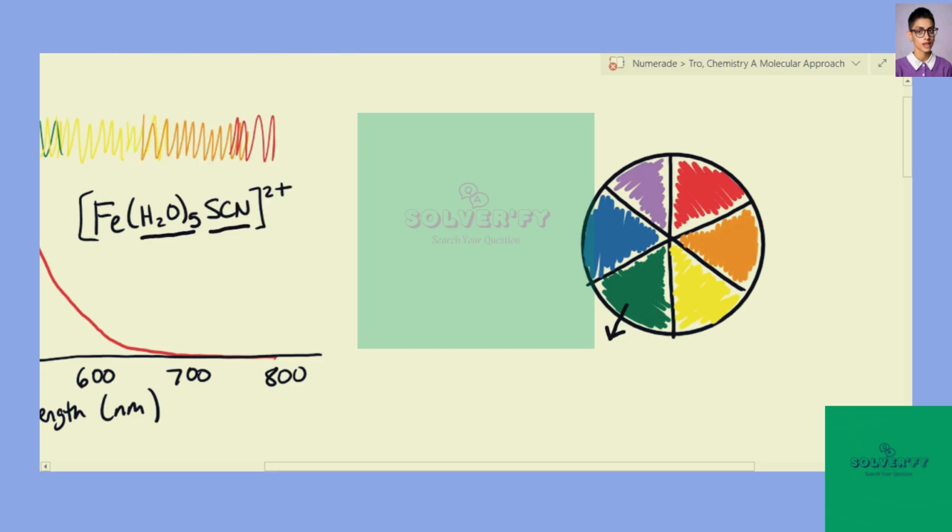We're absorbing green light, which means that the color that we are seeing is the complementary color, and that is red. So the solution of the thiocyanate complex is red.